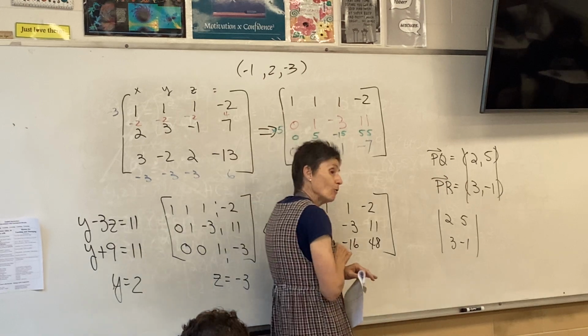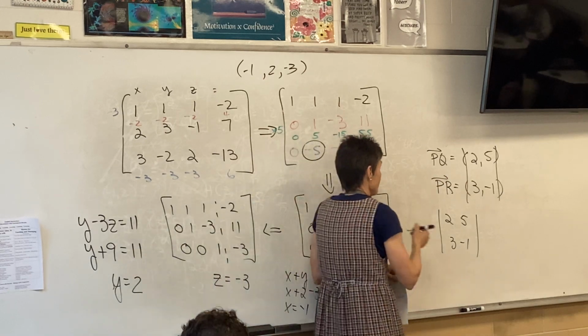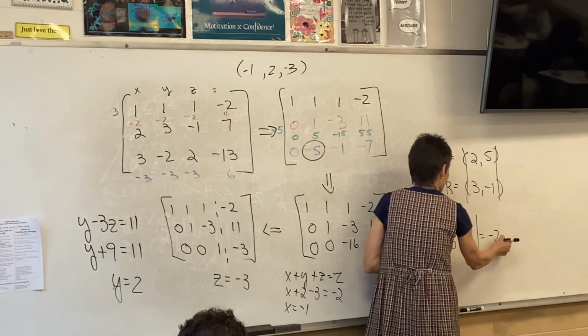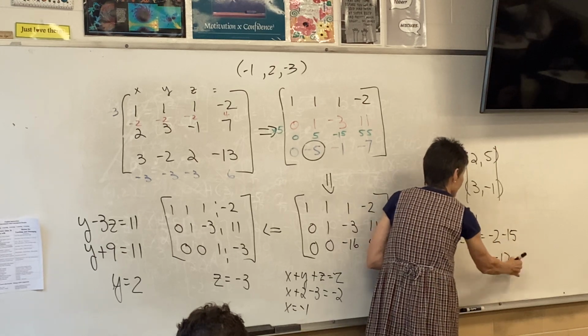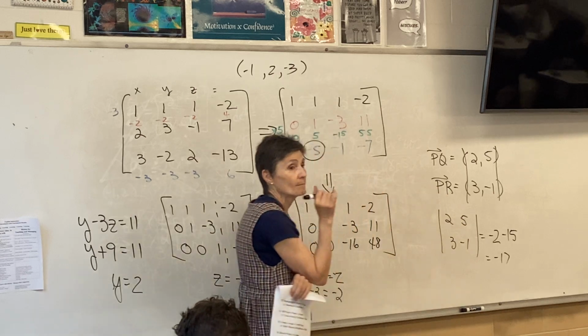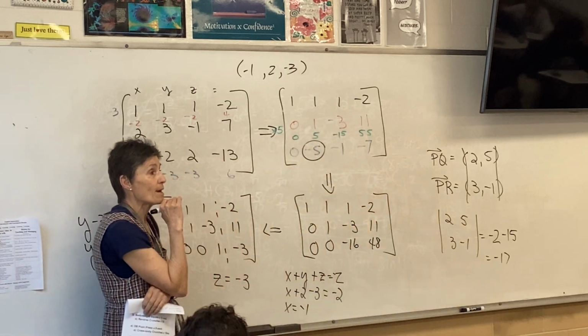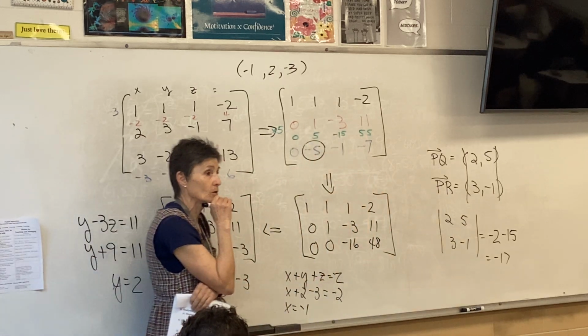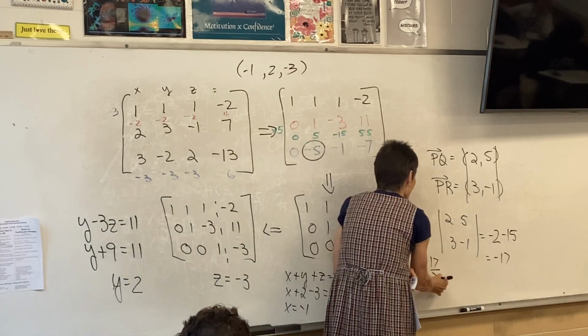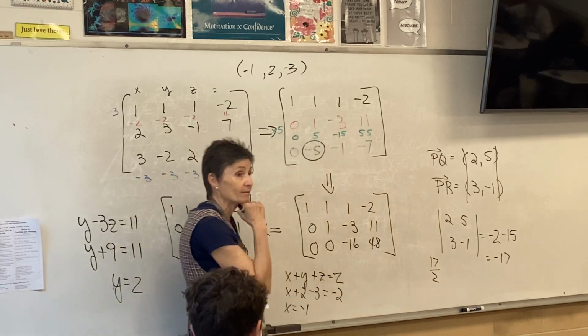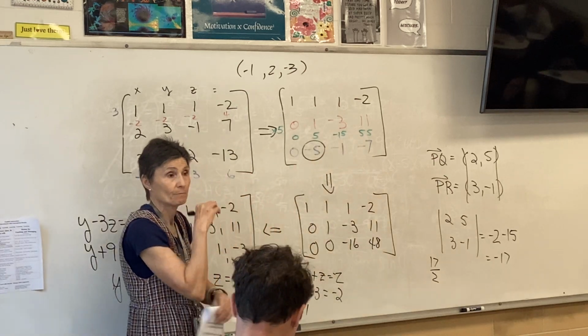What is the value of that determinant? -2 minus 15, I got -17, which means the area of the triangle is 8.5. 17 halves or 8.5 is the area of the triangle.